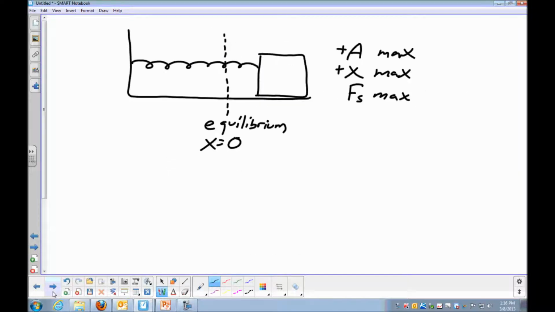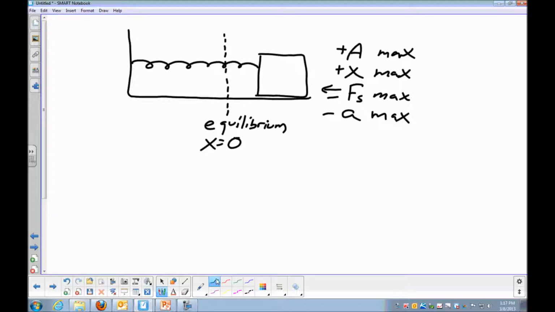So I'm at my maximum magnitude for the spring force, but the spring force is really going to the left, in the negative direction. That's important to keep in mind, because it means we have a negative acceleration. Because my spring force is at a max, my acceleration is also at the max.